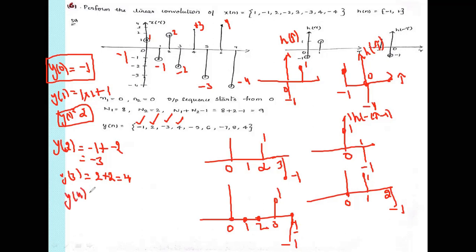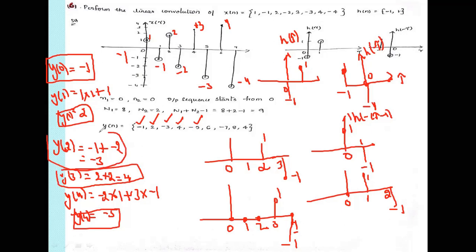So y of 4 is equal to minus 2 into 1 plus, at 4 the value is 3, and here the minus 1, 3 into minus 1. So minus 2 minus 3 is minus 5. So y of 4 is minus 5. So y of 3 is 4, y of 2 is minus 3, so minus 1, 2, minus 3, 4, and minus 5.